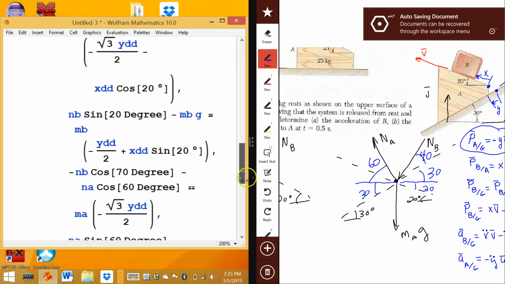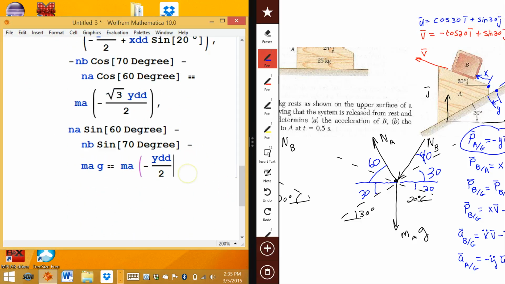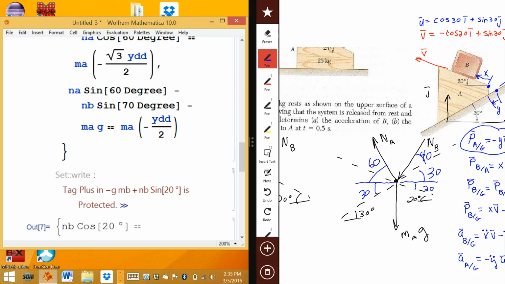Copy. And paste. And those are all of my equations. So enter it. And let's see, what did I mess up?